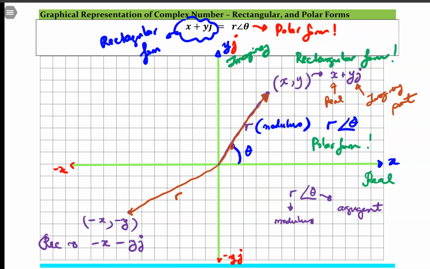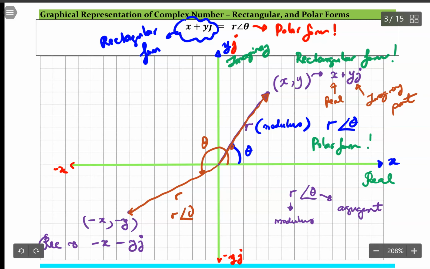Again, I start from the positive x-axis, go counterclockwise, and stop where the modulus is. In this case, this is the angle theta. So I will have the complex number in polar form as r and theta.